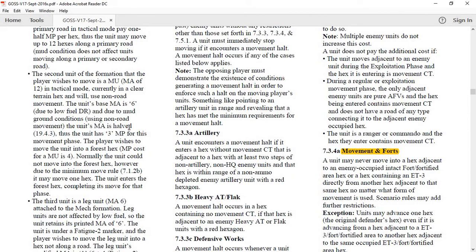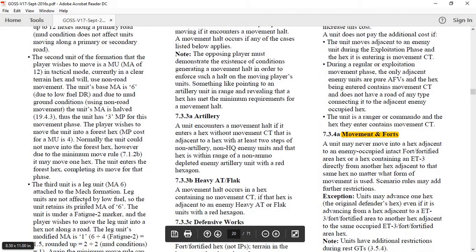Thus the unit has 3 MP for this movement phase. The player wishes to move the unit into a forest hex. MP cost for a MU is 4. Normally the unit could not move into the forest hex. However, due to the minimum move rule, it may move 1 hex. The unit enters the forest hex, completing its move for that phase.